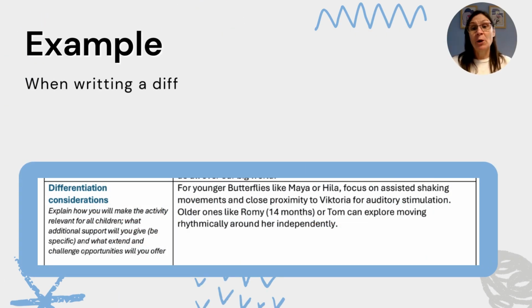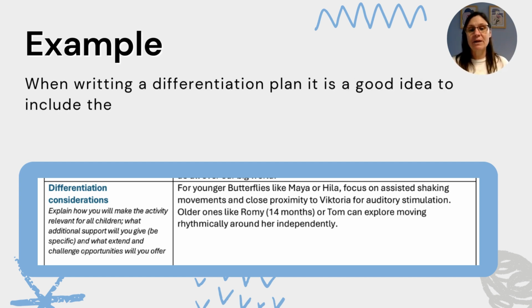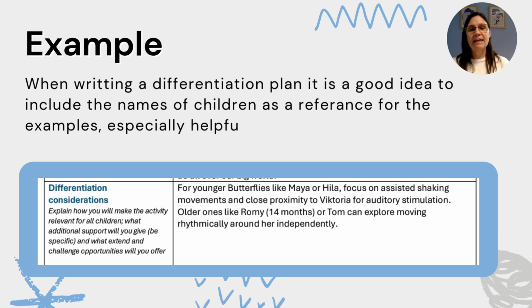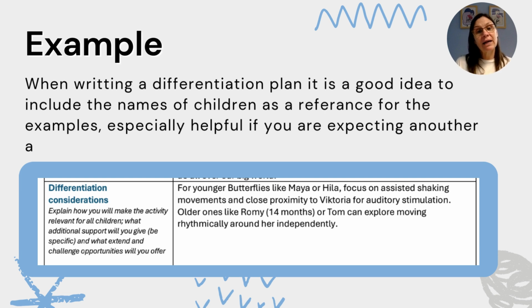Okay, so when writing differentiation plans, it's a good idea to include the names of children as a reference for examples, especially helpful if you're expecting another adult to participate or even actually go through this activity. So as we saw in the infant activity, for younger butterflies like Maya or Hilla, focus on assisting. This is for a different activity. They were using maracas.